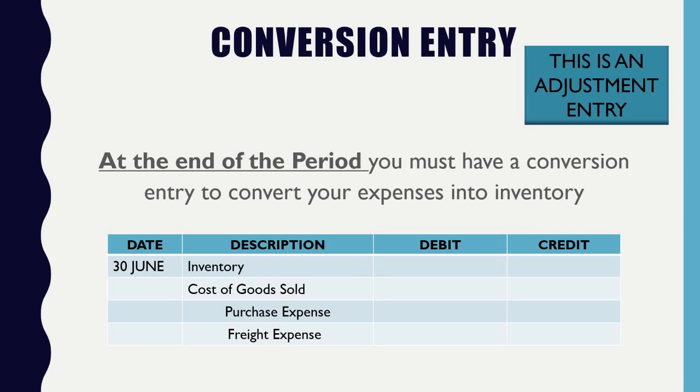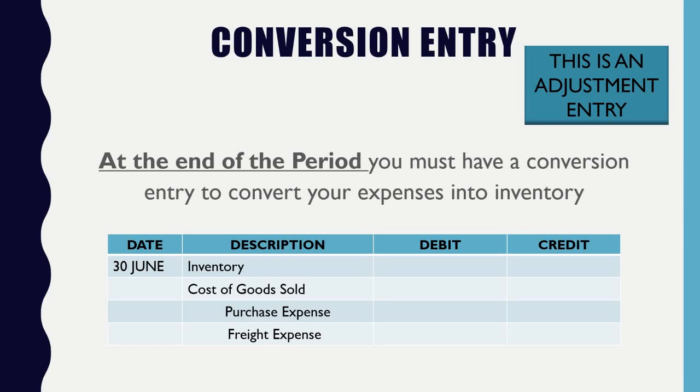At the end of a given period, you must have a conversion entry to reflect your ending inventory, but also reflect that you sold some of those toys. Because your purchases say that you have 200, but in reality you don't because you have 80 left in inventory. You sold 120 of those items along the way.